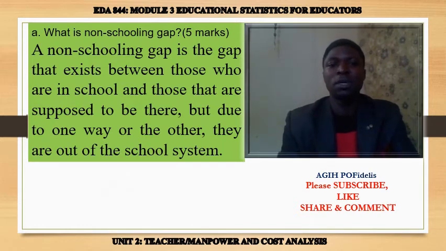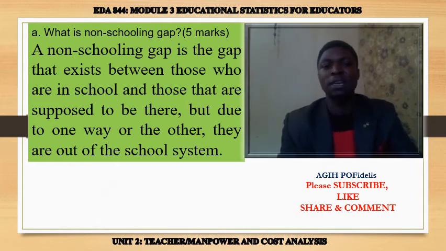It may occur when parents are not able to afford the cost of education, so they keep their children at home to follow them to farm or to sell items in the market, or to learn one trade or the other to earn their living.